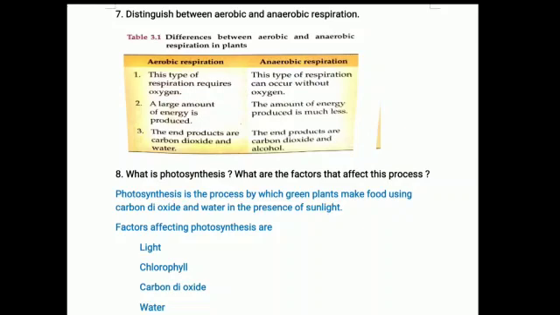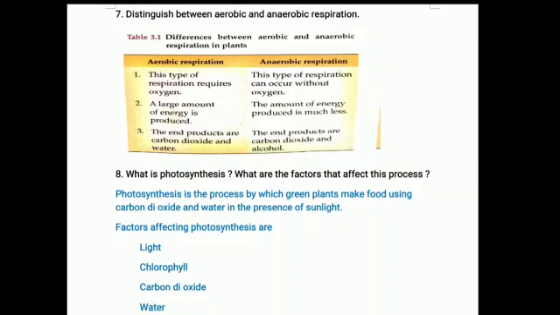Second one, a large amount of energy is produced in aerobic respiration, whereas in anaerobic respiration, very little energy is produced. Third one, the end products of aerobic respiration are carbon dioxide and water, and the end products of anaerobic respiration are carbon dioxide and alcohol. So children, remember, alcohol is produced in anaerobic respiration.